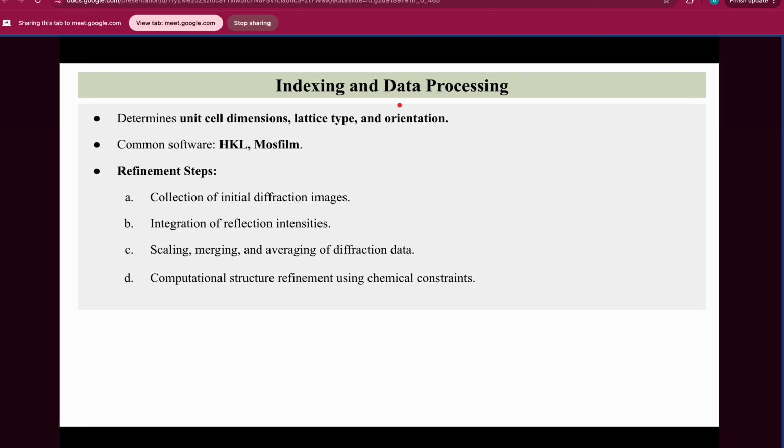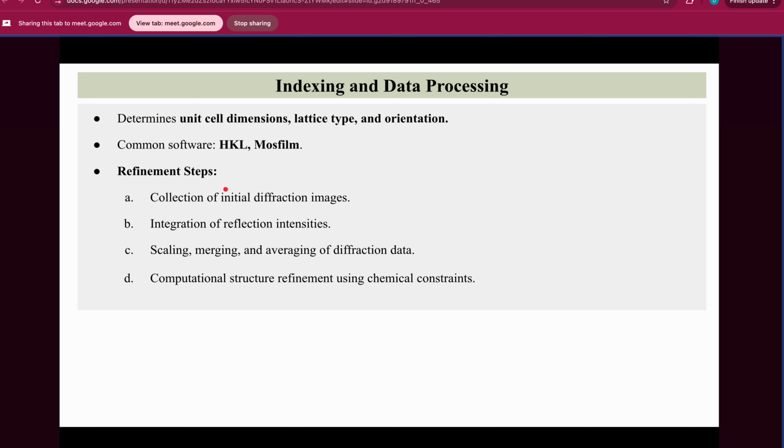If we talk about indexing and data processing, then they determine the unit cell dimensions. For each crystal, unit cells are identified: what is their dimension, what are the lattice types. Lattice types means the 3D arrangement, such as cubic or monoclinic, and its orientation, meaning at what angle it is oriented. Common software generally used for indexing are HKL and MOSFLM. And then refinement steps.